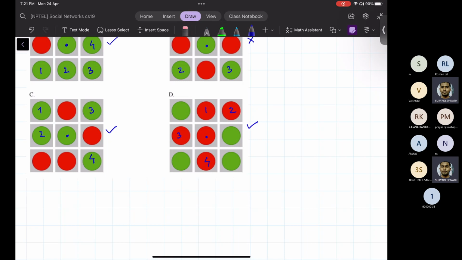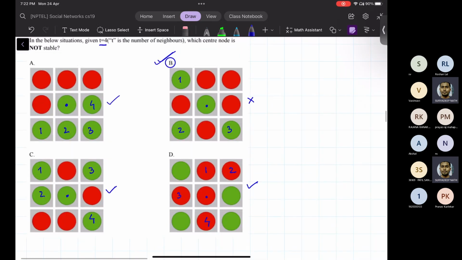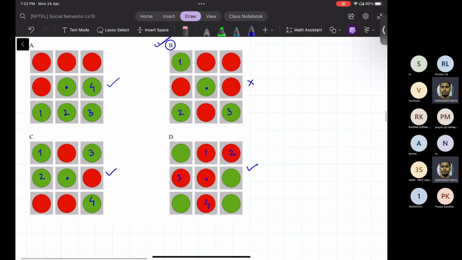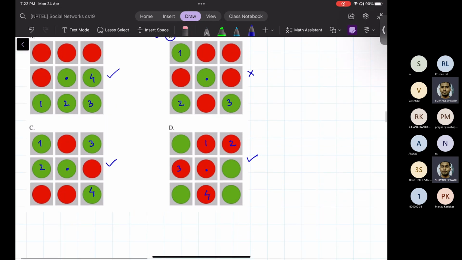They are asking 25%, so what is the minimum number of same type of neighbors? It's 25% of 8, that is 1/4 of 8. So it should have a minimum of two similar neighbors.